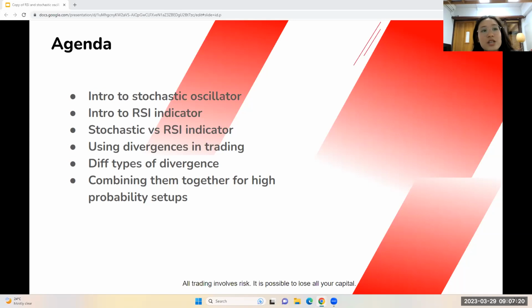After that, we're going to be looking at using divergences in trading, as well as the different types of divergence that you can look out for. And lastly, we're going to be combining them together for high probability setups. And if we have time at the end of our webinar, I'll also pull out TradingView, and then we'll look at some live charts together and make use of RSI as well as stochastic to look for divergences or any breakouts.